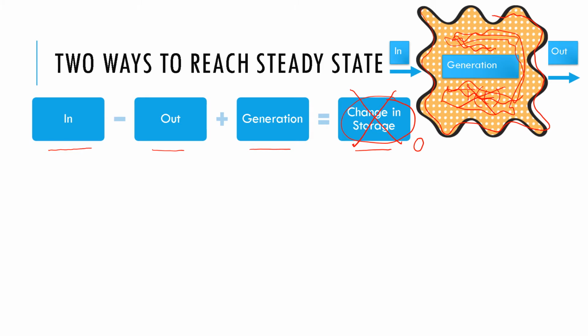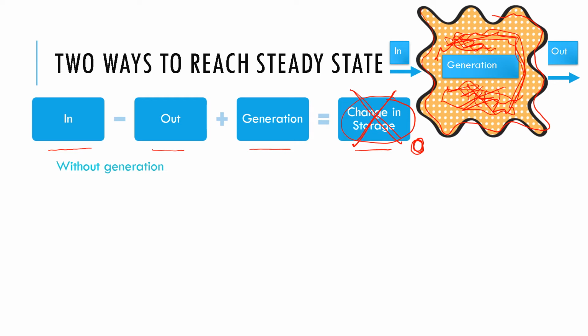Likewise, if the temperature goes down here, then it has less energy. That is also a change in storage, and we don't want change in storage for steady state. So steady state means temperature is constant and the change in storage is 0. Let's look at two cases.